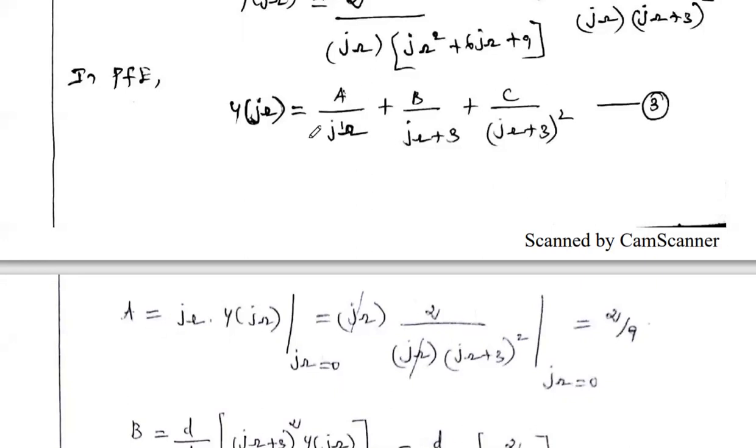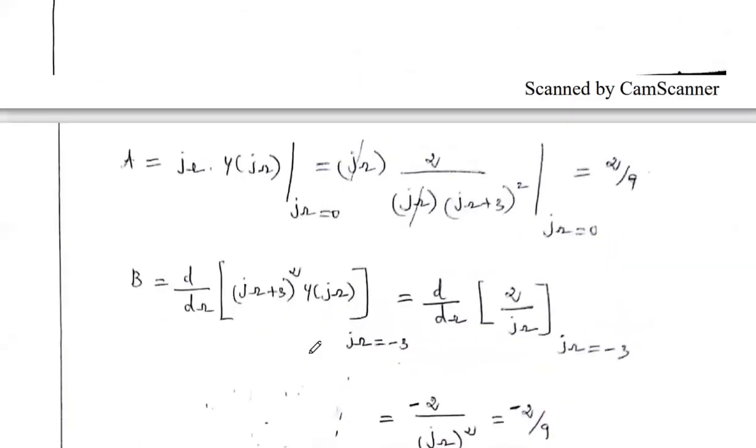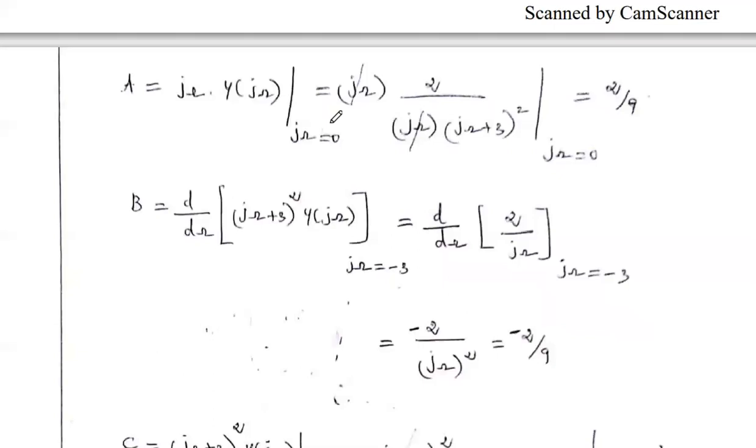How to calculate A? A and C are calculated in the usual partial fraction method. The term under A is j omega, so j omega multiplied with the total function Y of j omega, at the root value j omega equal to 0.